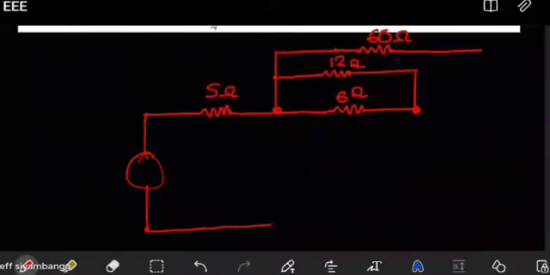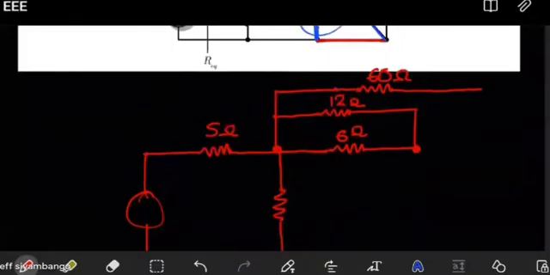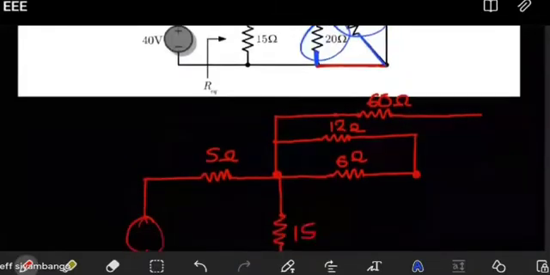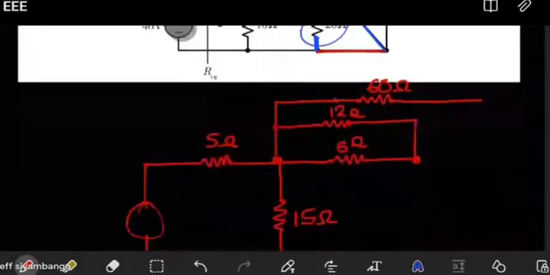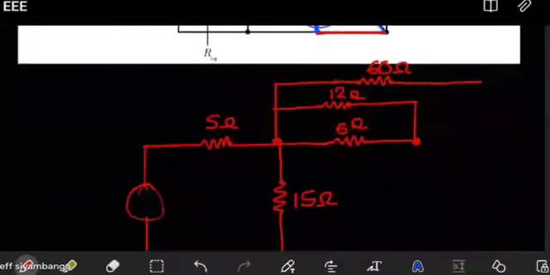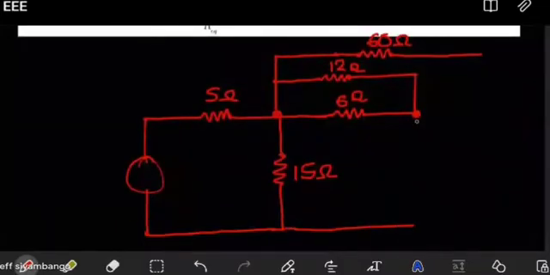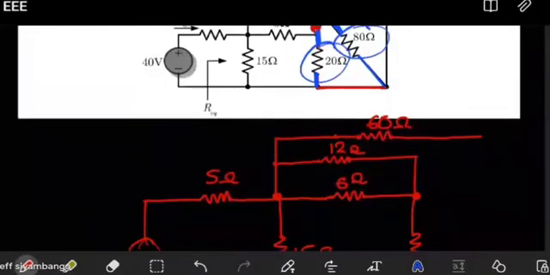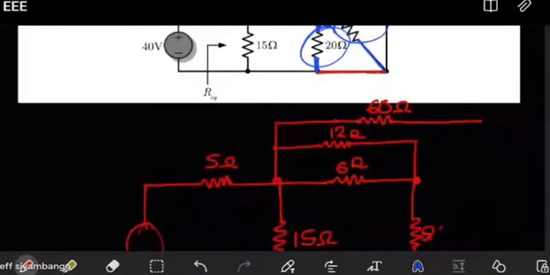Okay, so this comes like this. I think we have a resistor here. Yep, 15 ohms. And then we have this. And this side, 20 ohms.